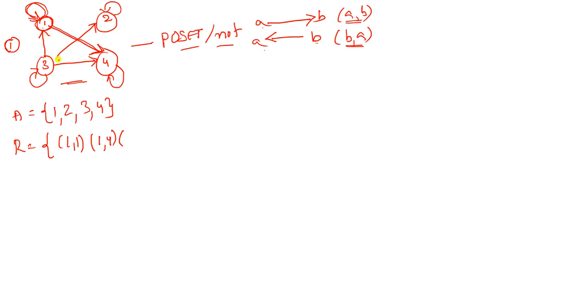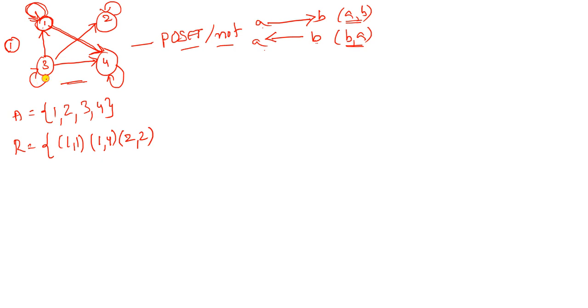Next, come to 2, there is a loop, so (2,2), and there is no outgoing arrow from 2, just incoming. Next, check 3.